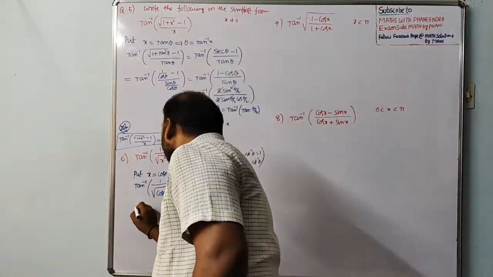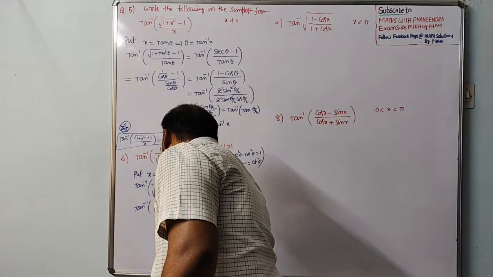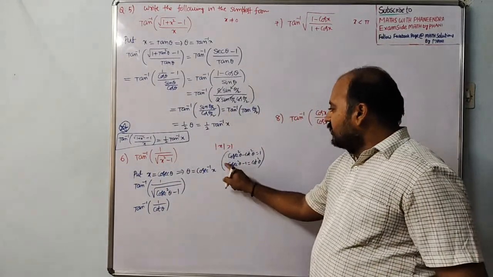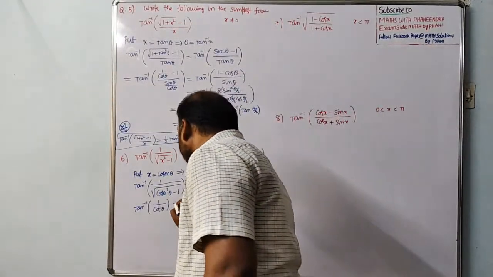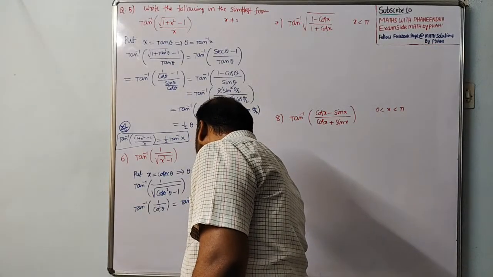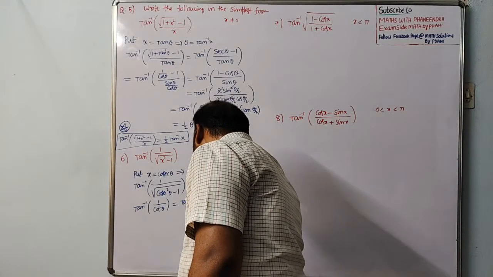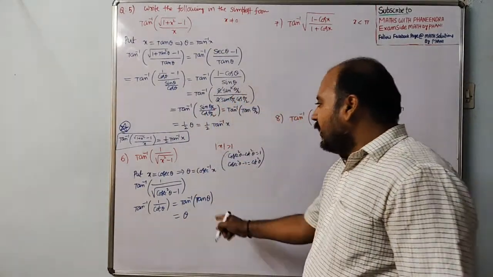So tan inverse of 1 by, this is cot theta that will come here, students. The square root of cosecant square theta minus 1 is cot theta. 1 by cot theta is what? Tan theta. I want to bring the bracket value in terms of tan. Tan inverse of tan theta is what? Theta.